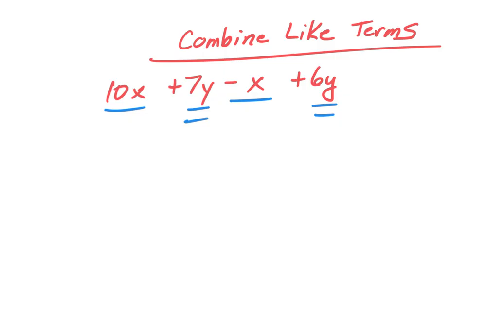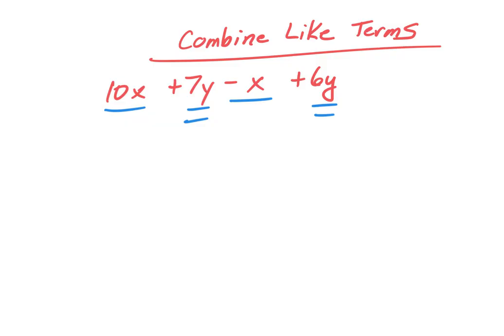So I kind of like to underline them with different things to say, okay, these two are the same, these two are the same. Sometimes they'll say to use the commutative property here. So like I could flip-flop these two around and I could put the x next to the other x. Do we have to do that? Probably not, okay? We can notice what terms are alike and that helps us to know which ones we're going to combine.